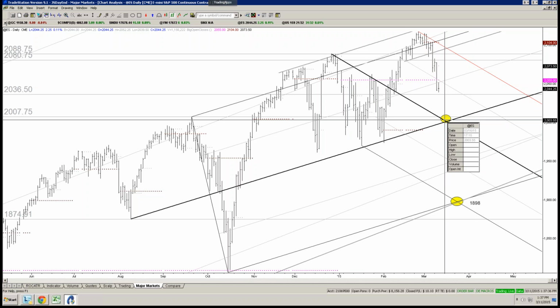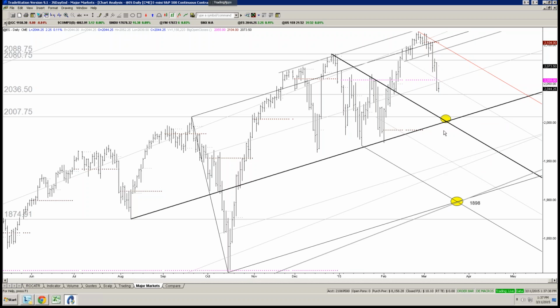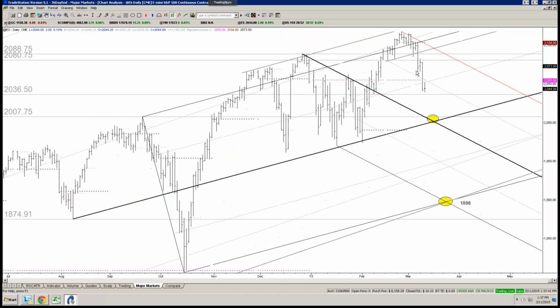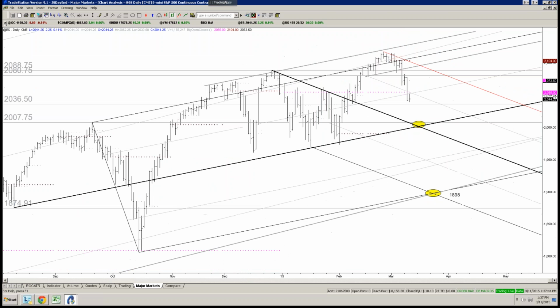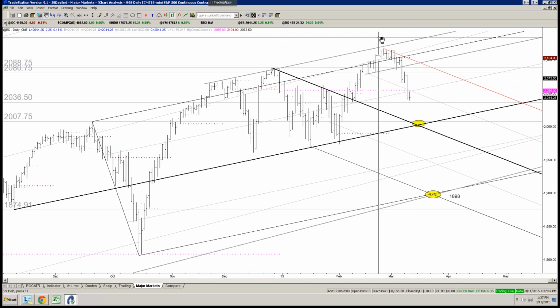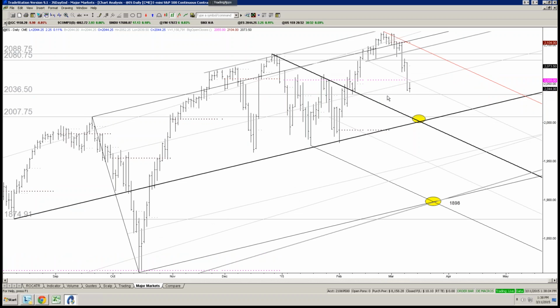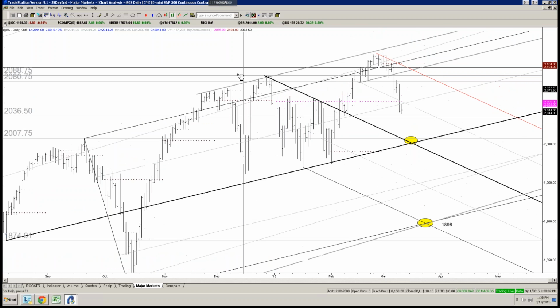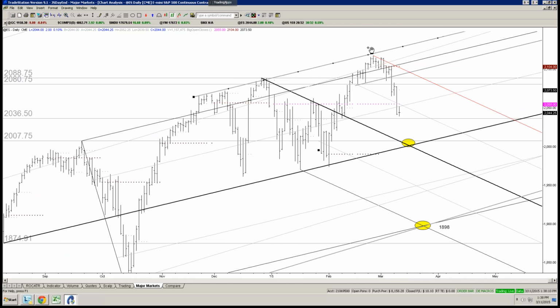You know, I've been advocating a short position in the S&Ps, and I think I put out basically the same chart for the most part a couple weeks ago. It's towards the end of February, but we were like right here, and we were talking about the possibility of the S&P 500 futures topping at like 2120, right? Because of this line right here. And what happened was we traded at 2117 3/4.